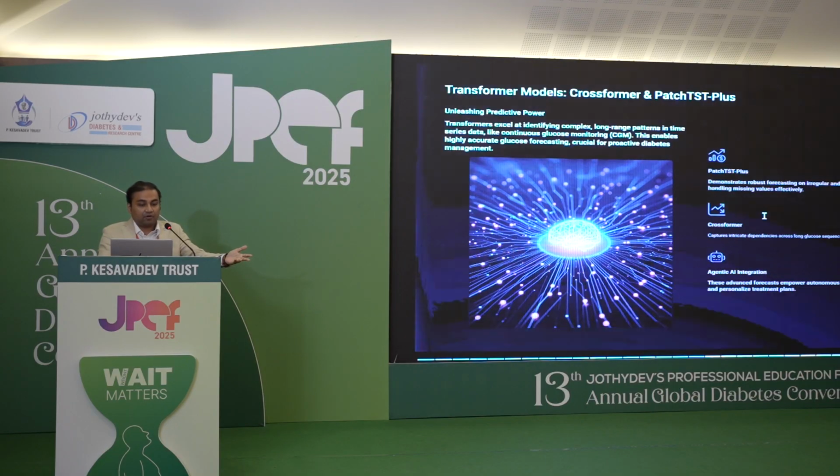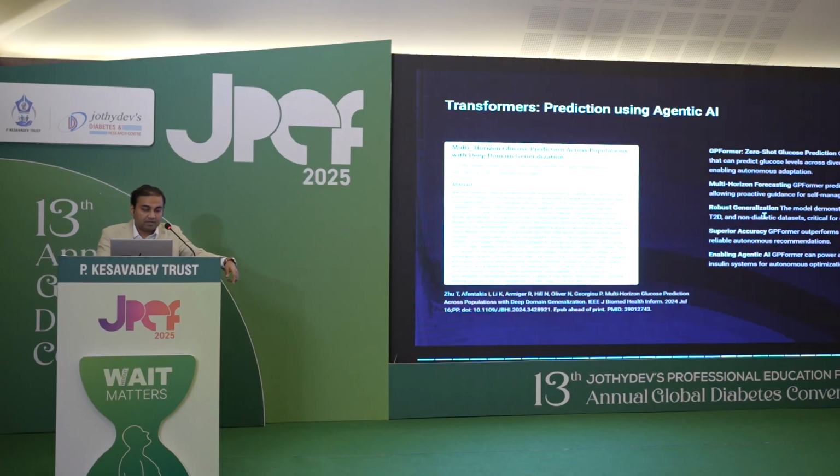We also have research showing that transformer architectures like PatchTST and Crossformer, and there are a couple of papers I'll show you right after this slide, are very good at predicting blood glucose levels. So you will see these come more and more into insulin pumps and continuous glucose monitoring systems as we go along.